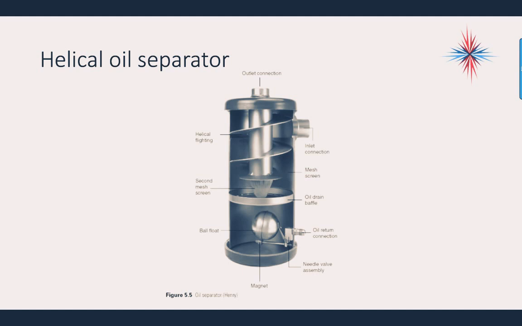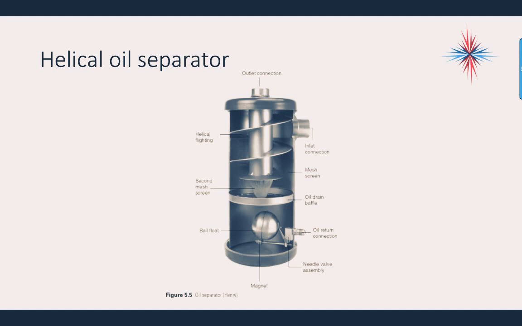This is an example of a helical oil separator. Again, we have our inlet, okay, the inlet is from the compressor. Then we have an outlet. The inlet goes down through a helical sort of drop that forces the oil molecules to cool down enough and separate through the oil drain baffle.